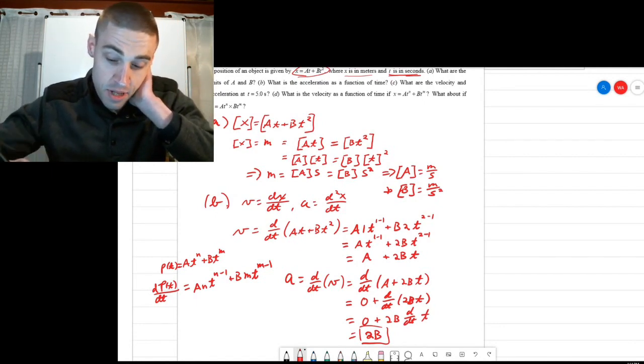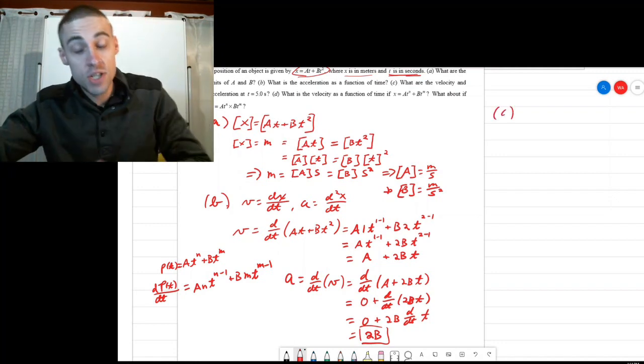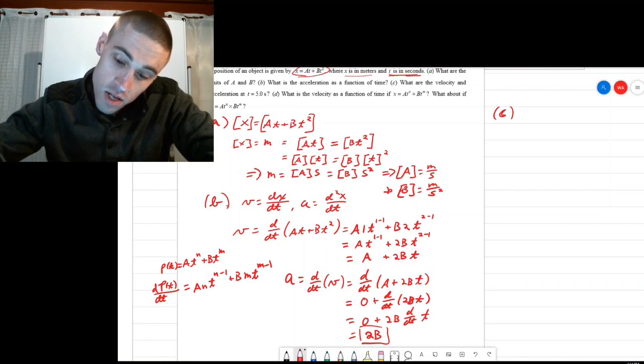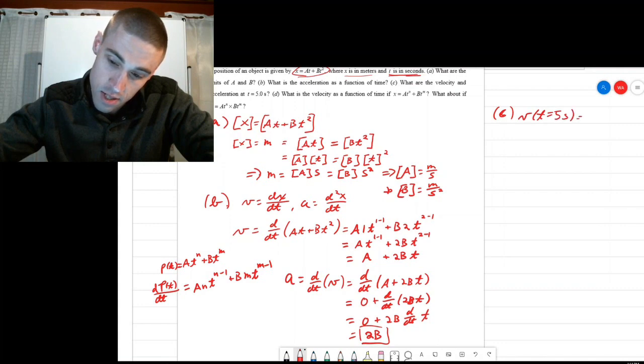Okay. So moving on to part C. It just asks us to plug in a specific value of time. So C says, what are the velocity and acceleration at t equals 5 seconds? So I can just plug in v at t equals 5 seconds. It will be a plus 2b times 5 seconds.